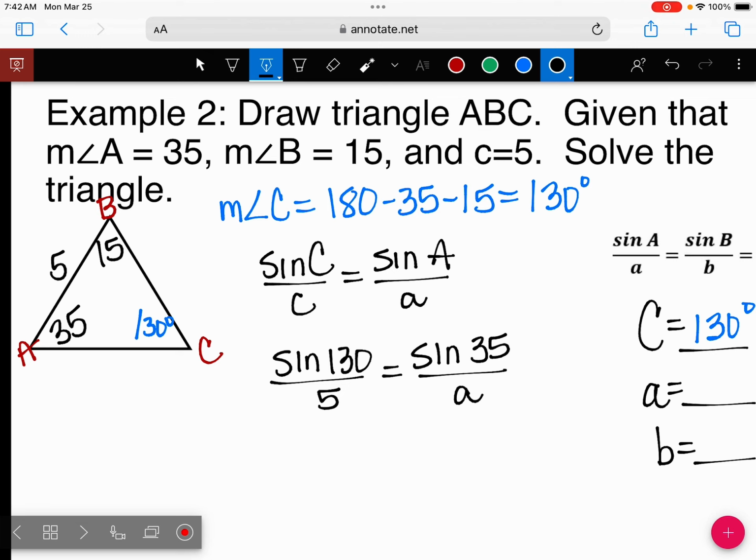So we can't use regular sine, and we cannot use the Pythagorean theorem because we don't have a right triangle.